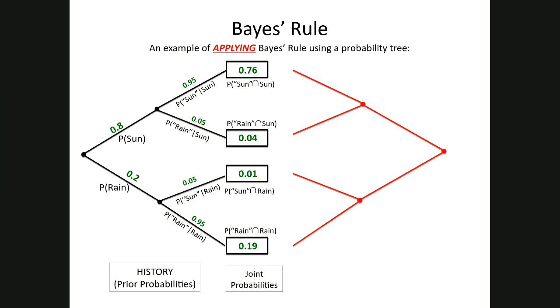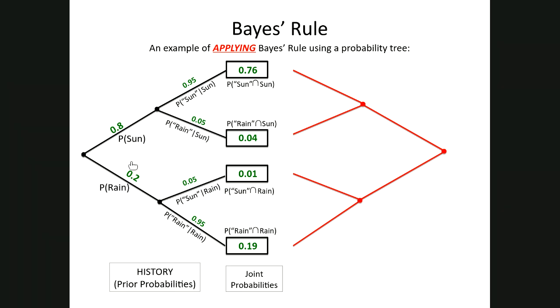Again, 80% of the days it's sunny, and of those days 95% of the time the forecast was sunny. Given that the day was sunny, 5% of the time it was rainy. And so 76% of the time the forecast was for sun and the day was sunny, and so forth.